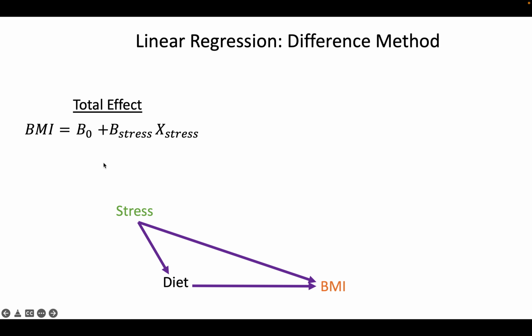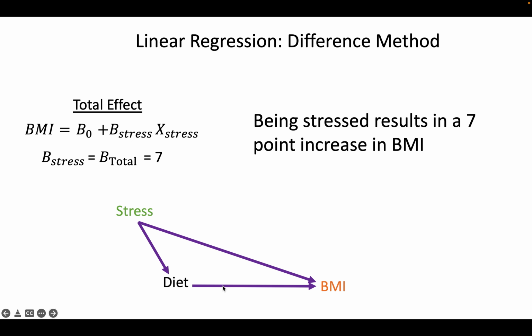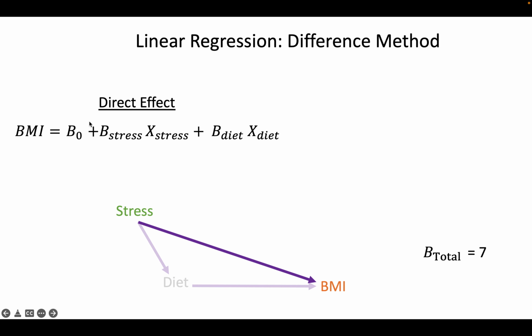The first thing we do is a model that just has BMI and stress as a predictor. This is going to be the total effect of stress. The coefficient that we get, 7, represents both the combination of stress's direct and indirect effect. So being stressed in this case resulted in a 7-point increase in BMI.